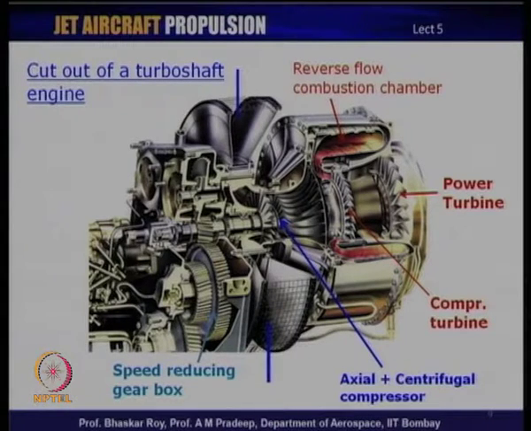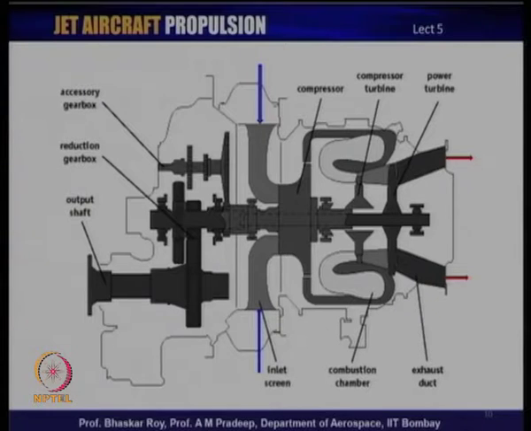So, this is a typical turboshaft engine used in many helicopters all around the world, based on the basic gas turbine engine, which is the same as the various kinds of jet engines that we are discussing. This is a schematic of a turboshaft engine, the kind of engine that we were looking at just now.